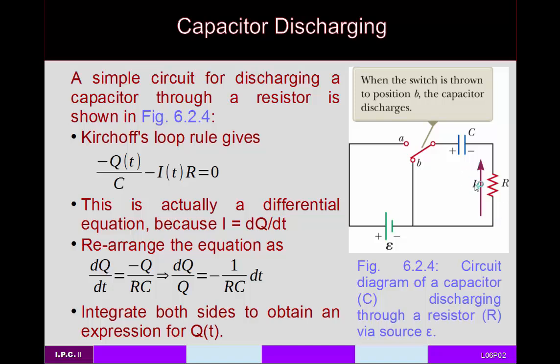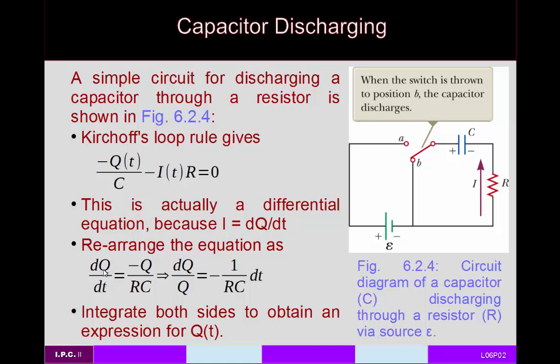Equal drops, but in opposite directions. So what we do is we say that negative Q over C, that's the voltage drop across the capacitor, plus I of t, the current, times R, is 0. And again, this is a differential equation because I is dQ/dt.